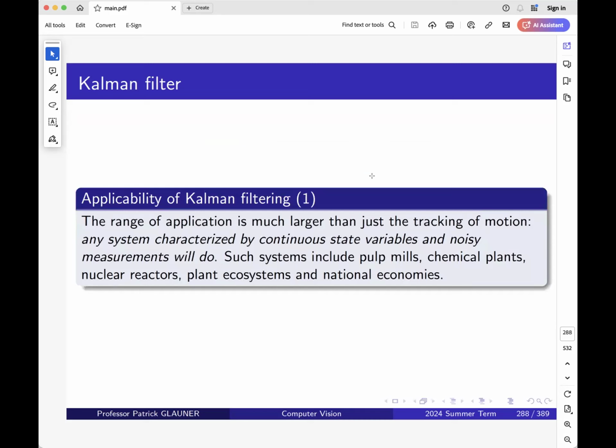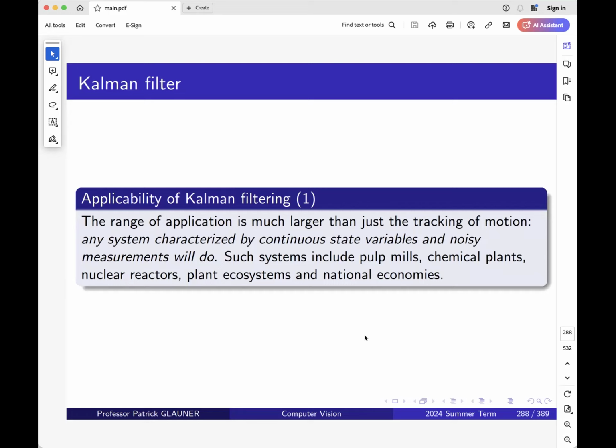Kalman filters can be applied to, in general, continuous state variables and noisy measurements. This has been used in systems in pump mills, in chemical plants, nuclear reactors, even national economies, flying to the moon, or tracking objects in a computer vision setting. So it's a highly generic statistical approach.